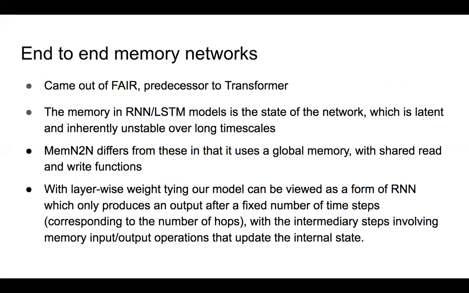Unlike RNN or LSTM models, where you feed the model all the data, and then once it's fed, the model doesn't have any access to the input data, here the model actually keeps track of the input that is fed to it, and then writes and manipulates that data.